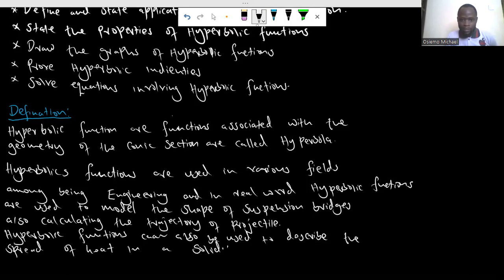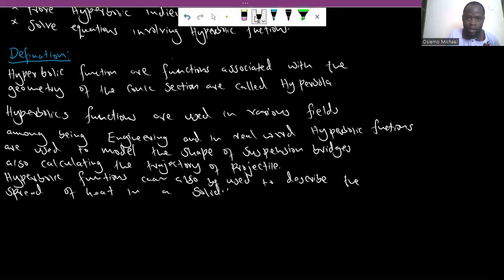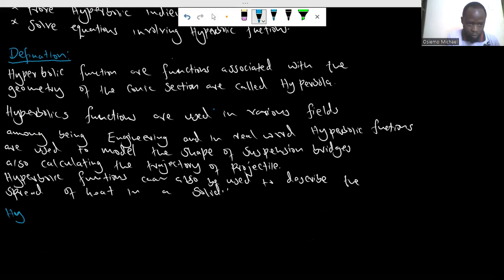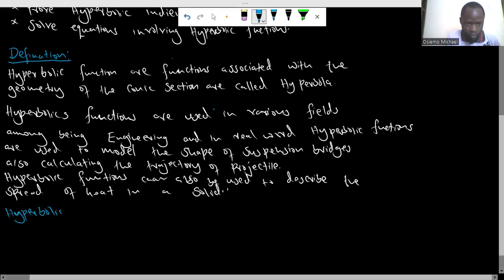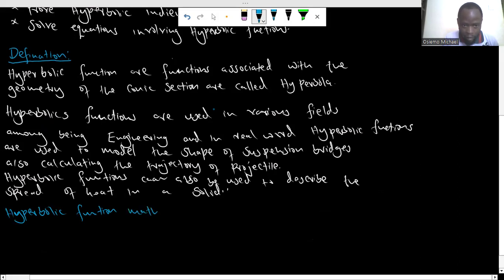Now I want to understand mathematically how to define hyperbolic functions. Mathematically, they are defined as follows.